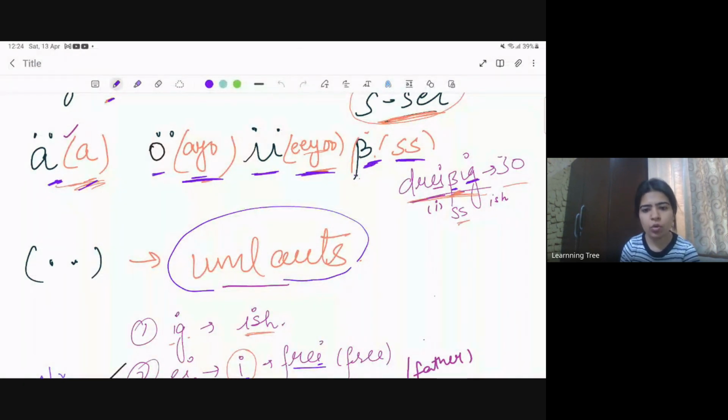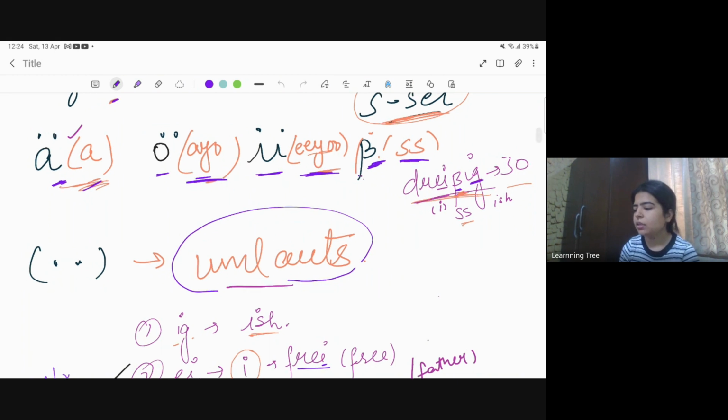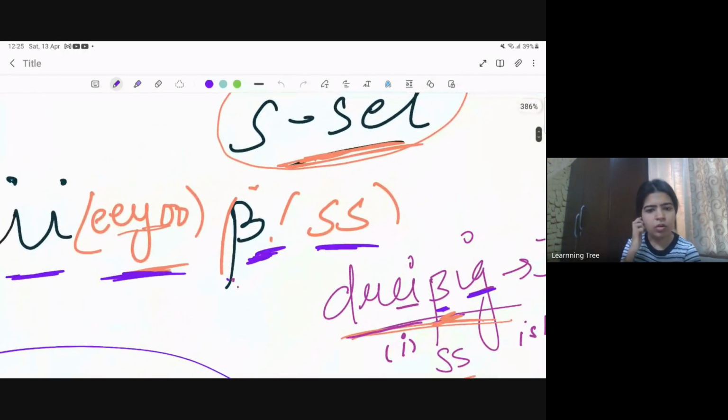And then we have this sign, or in computer language we say beta sign. Whenever we have this beta sign in a word, the pronunciation will become double S. That means that you have to emphasize on the letter S, right?